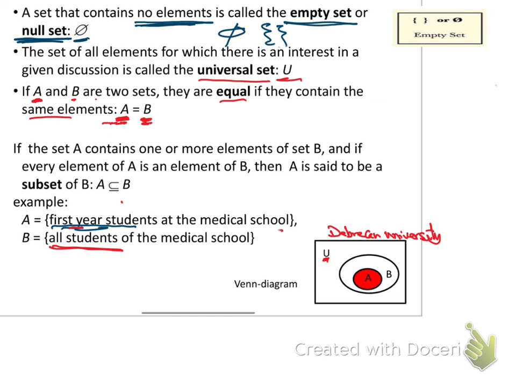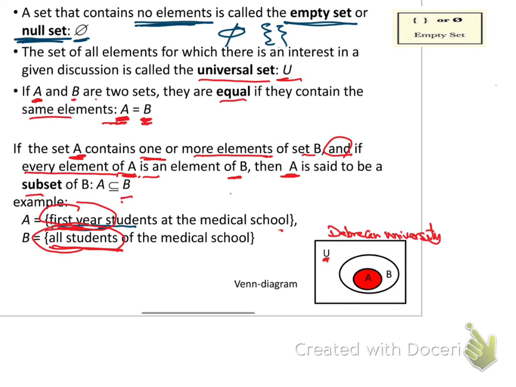If the set A contains one or more elements of set B, there are two conditions. First of all, set A should have one or more elements, so the first year students should have one. And at the same time, every element in the first year is also an element of set B. So if every element of set A is an element of set B, then A is said to be a subset.